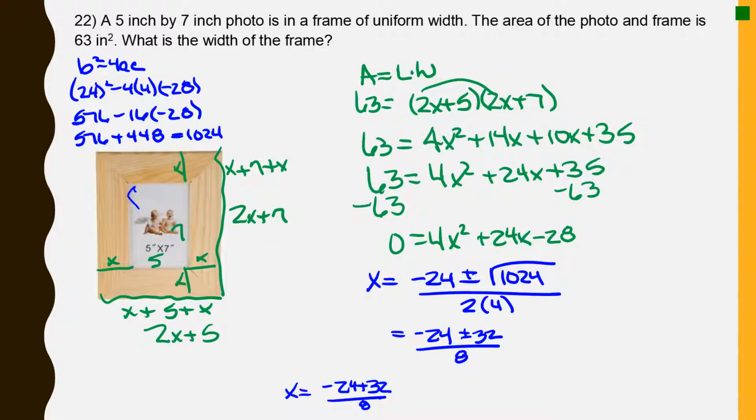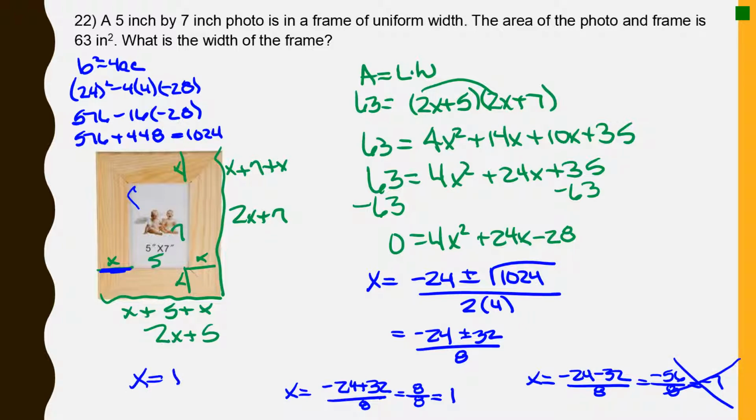Negative 24 plus 32 is 8, and 8 over 8 is 1. Or it could be negative 24 minus 32 all over 8. That would be negative 56 over 8, which is negative 7. Remember, x is the width of the frame. It cannot be negative. So the width of the frame is 1.